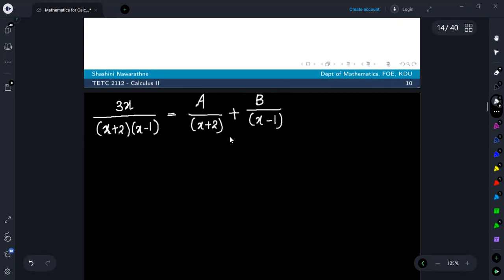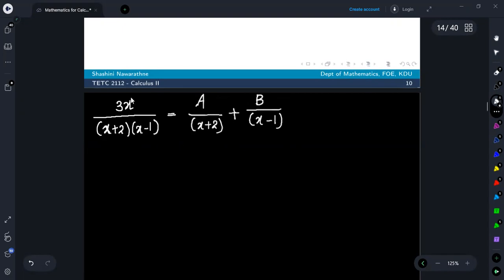You have to be careful when you are writing this expression. You need to identify what the case is. Is it case 1, case 2, case 3 or case 4? According to the case, the way of writing this expression varies. Since this is case 1, we write this formula in this manner.